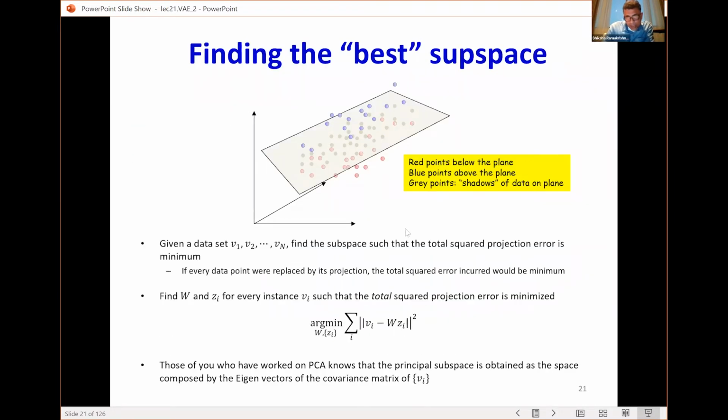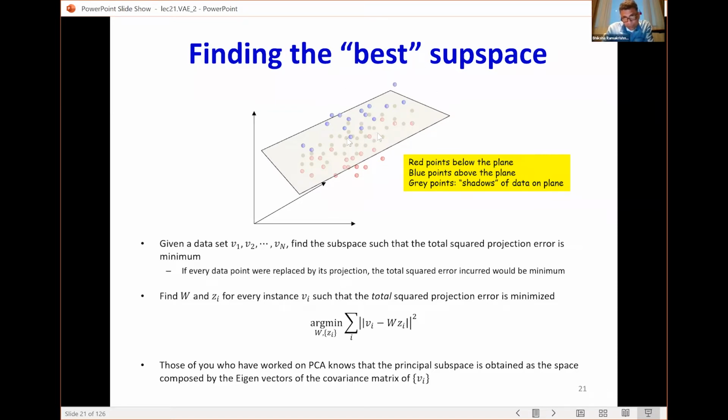So when we actually think of this, here's a 3-dimensional example. You'd be given a set of data points, all these V's, and you want to find the subspace shown by the plane over here, such that when you project every data point onto the subspace, the projection of every data point is shown by a gray shadow. Although I could have drawn lines to show which shadow represents which point, it would get very cluttered.